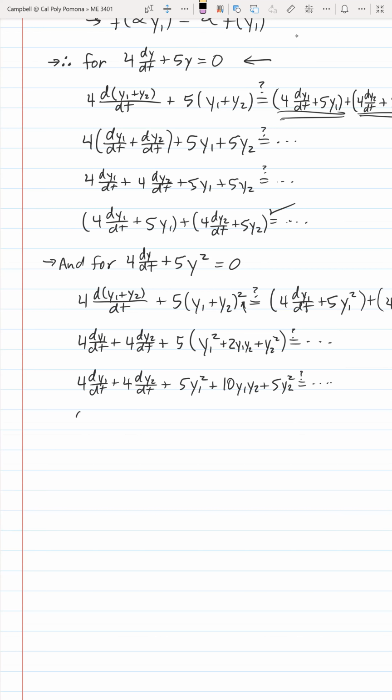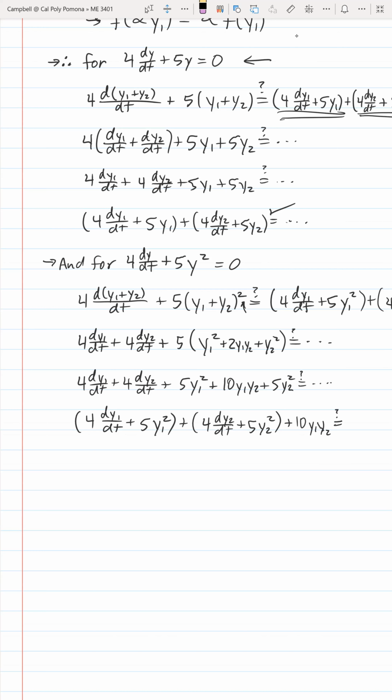And then we can, of course, say, okay, this is wonderful: dy1/dt plus 5y1 squared. Yep, looking really good. And then we have a plus 4 dy2/dt plus 5y2 squared. Everything looking great until we realize, nope, we can't get rid of that 10y1y2.